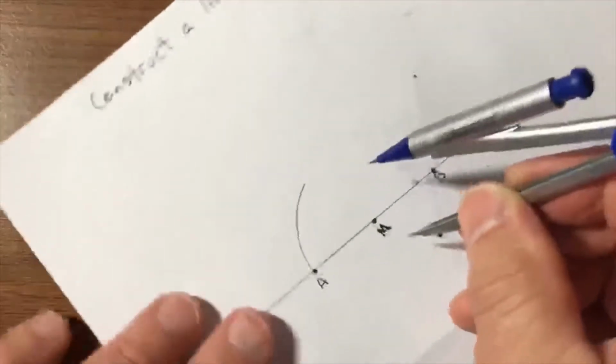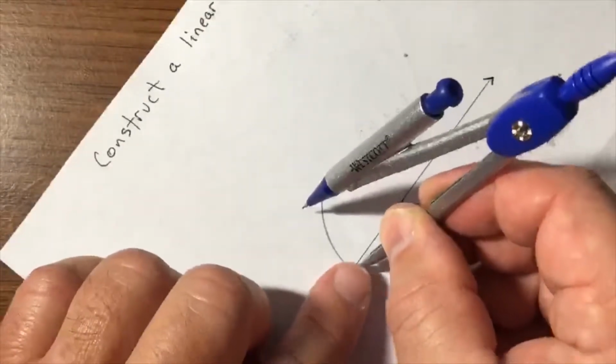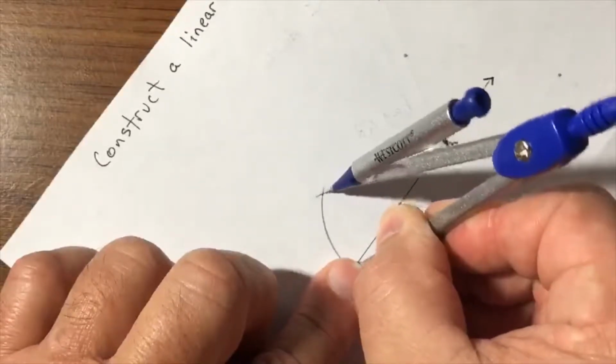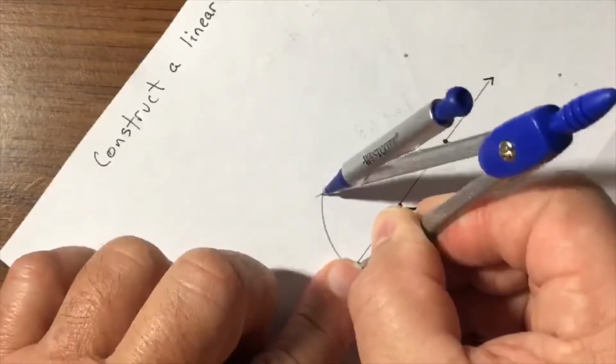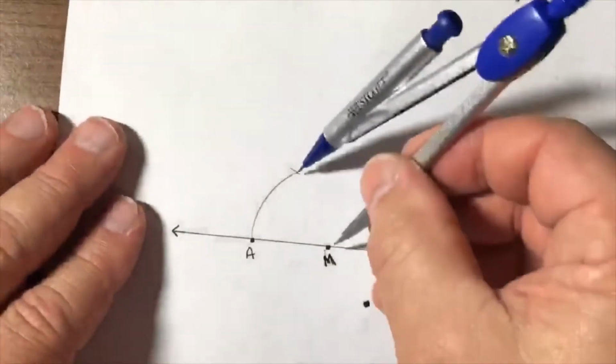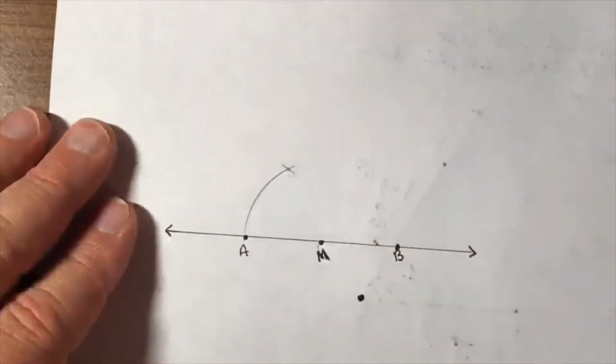Now turn your paper a little bit, place the point at A, and put your finger there to help you hold that. See, I barely went far enough up there so that those two arcs could intersect. Now go ahead and place a point on the intersecting arcs right here.